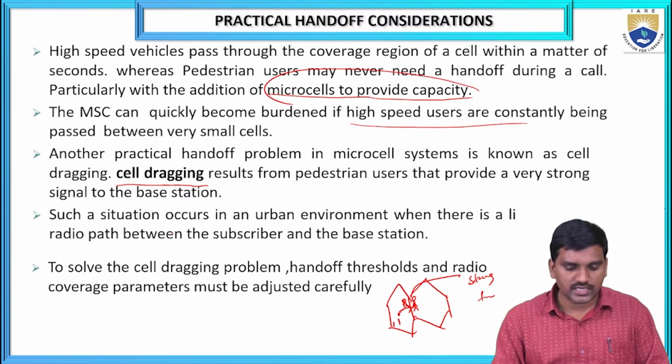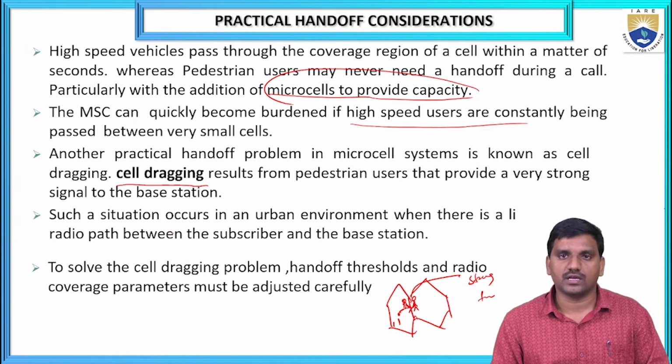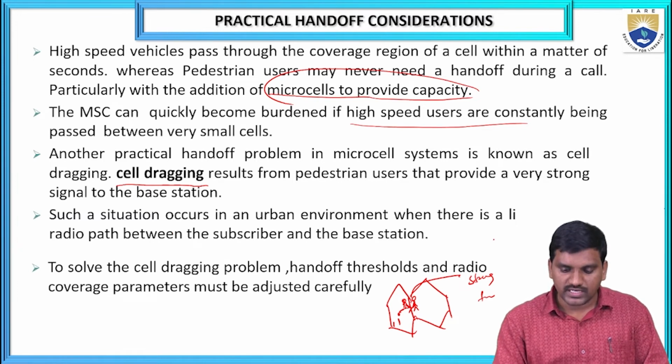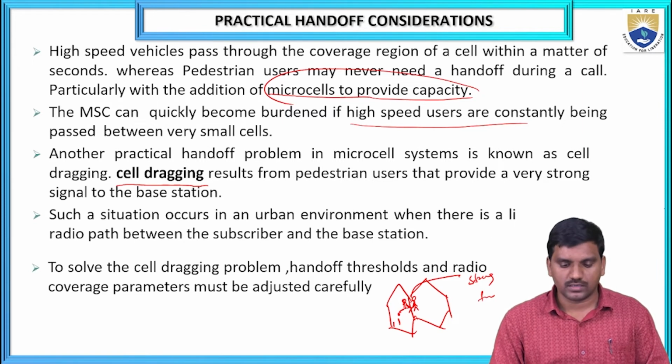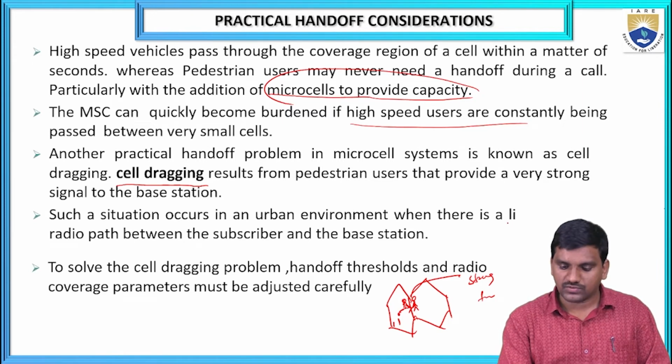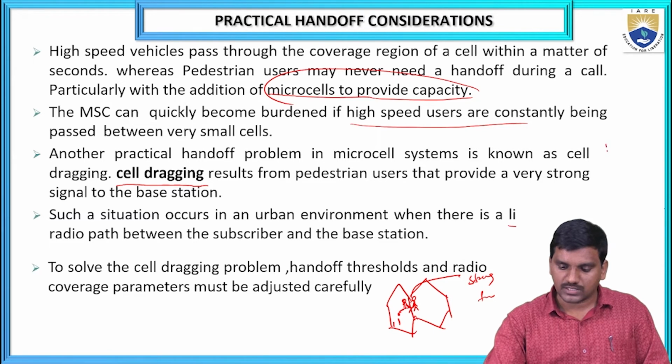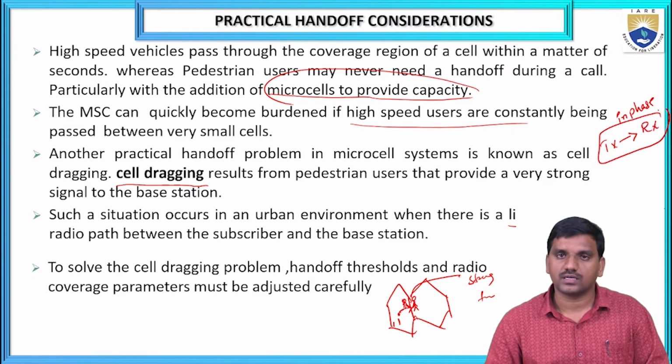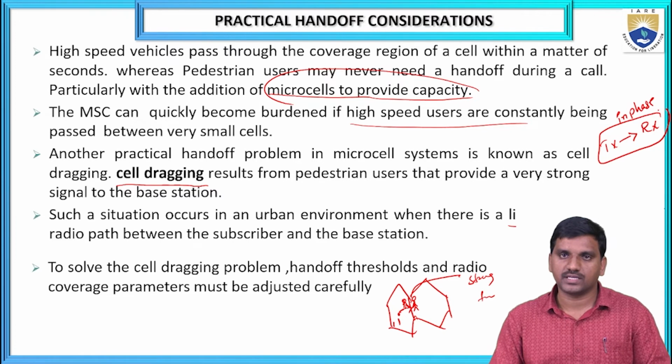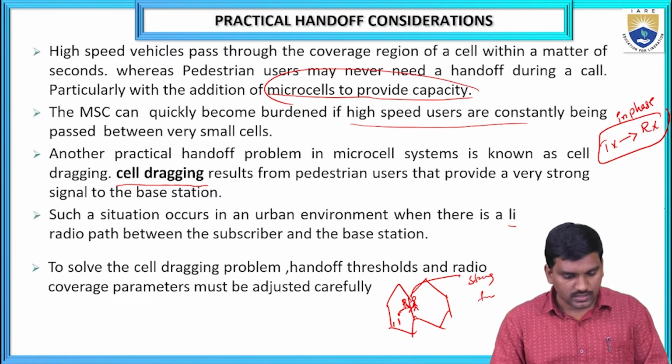Such a situation occurs in an urban environment when there is a line of sight path between the subscriber and the base station. So what is line of sight? The transmitter is exactly in phase with the receiver. That is about line of sight communication, which we will discuss in future.